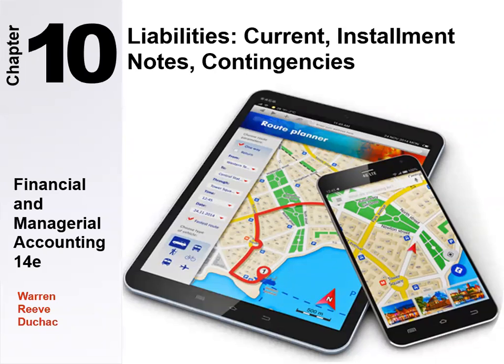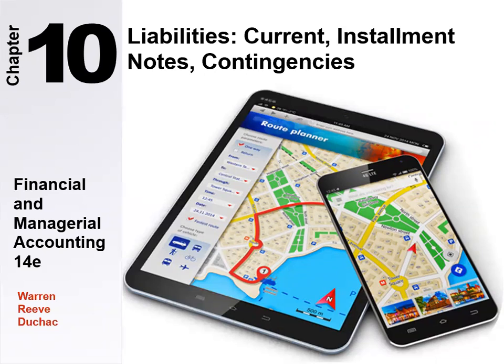So notes payable can be either a current liability or a long-term liability, depending on when we owe it. If it's due within 1 year or the current year, then it's a short-term notes payable. And that's what we're going to deal with more in this chapter. And if it's something we owe next year or 3 years from now or whenever, then it becomes a long-term notes payable.